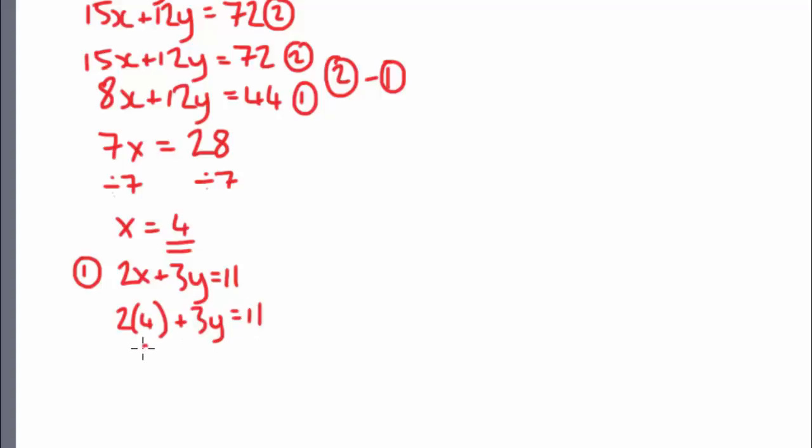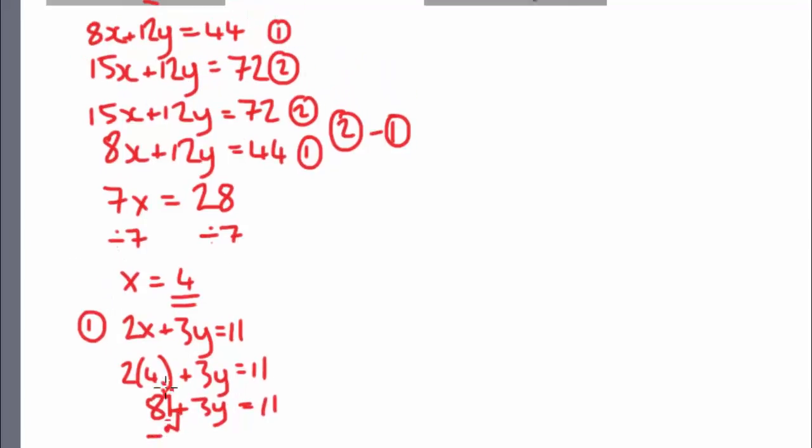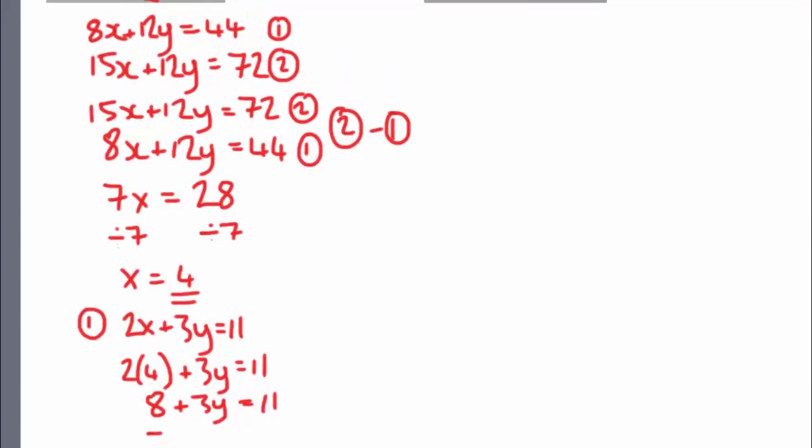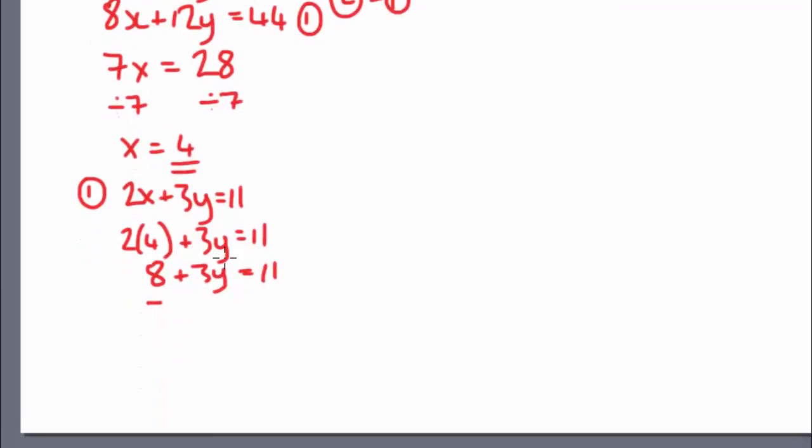Now 2 times 4 is 8, plus 3y still equals 11. And we take away 8 from that side, subtract 8 from that side. So now we've got 3y equals 3, and last but not least, y therefore equals 1.